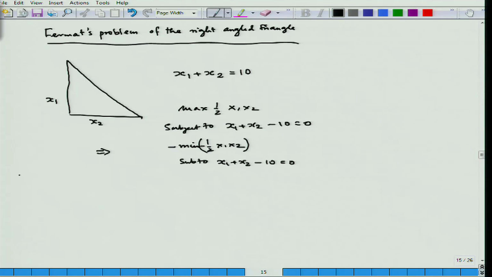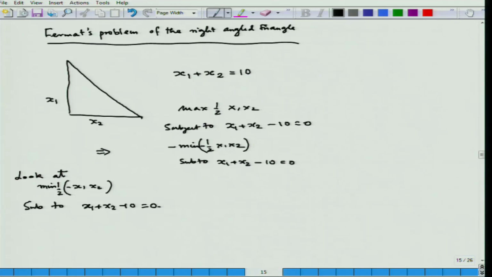So, it is enough for us to just look at the optimality conditions. Now, how are we sure that it would have a solution? Of course, we are expecting x1 and x2 to be strictly greater than 0.